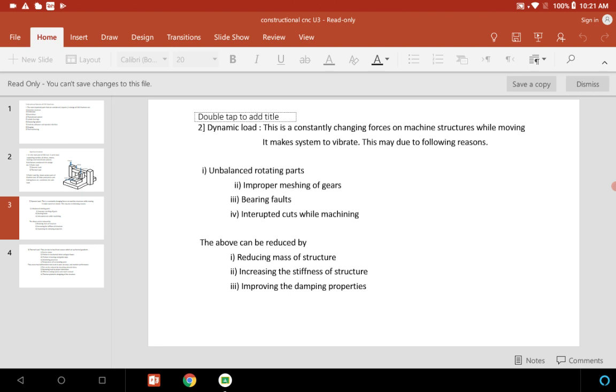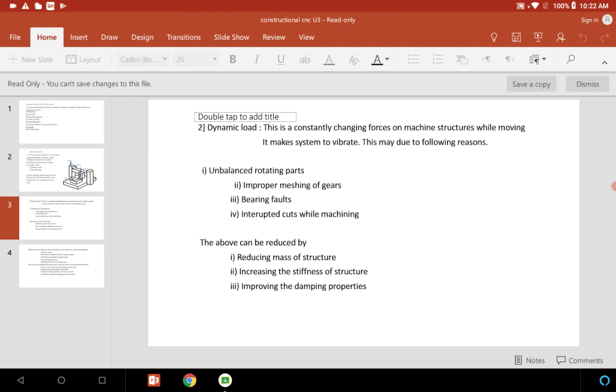Second one, dynamic load. This is the load of the dead weights along with their movement, while working, while the cutting force or process is carried out. There is constantly changing force on the machine structure, vibration will be there, and those loads can be included in this.